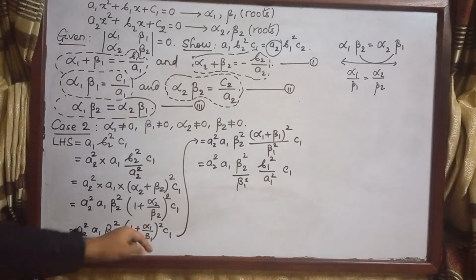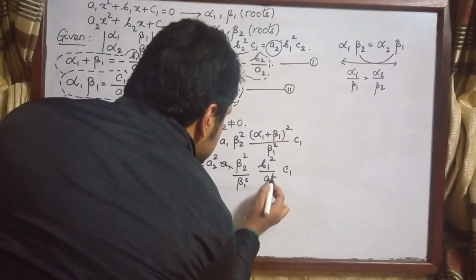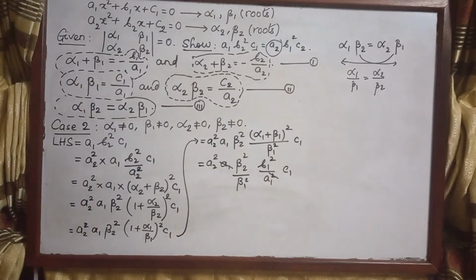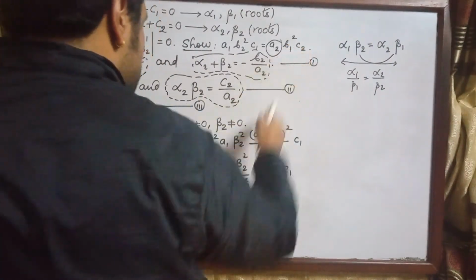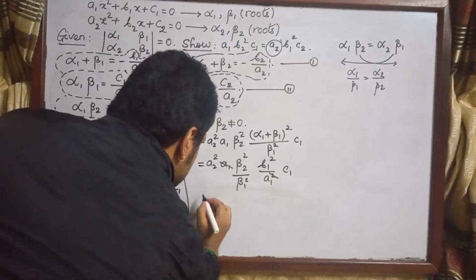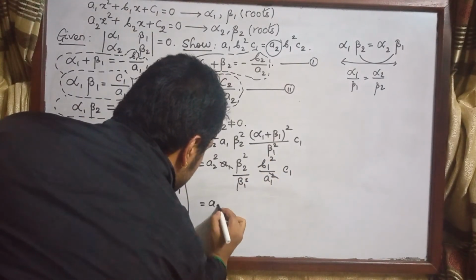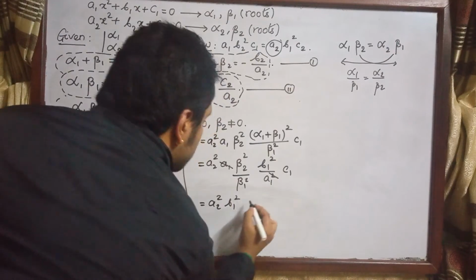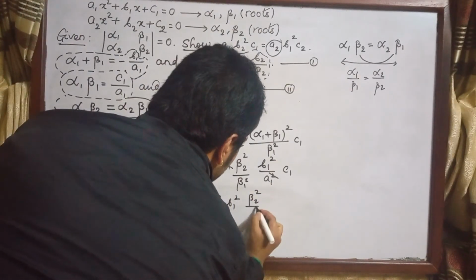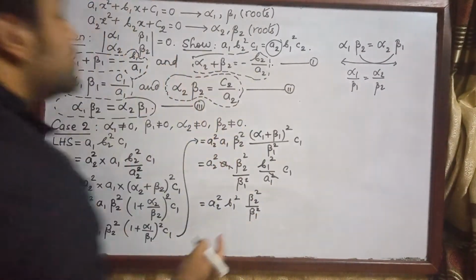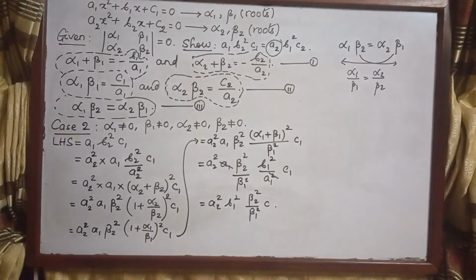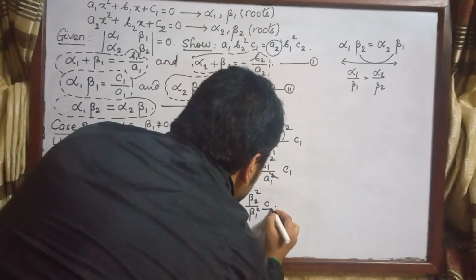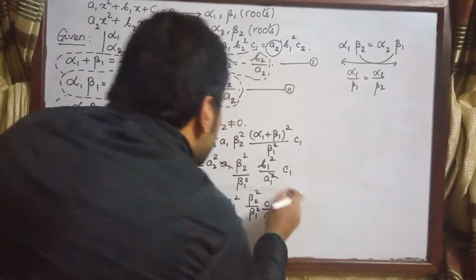So we can cancel out one of the a1s like this. Now we've obtained b1 squared just like we needed. a2 squared b1 squared b2 squared over b1 squared times c and over a1 as well, c1 over a1.